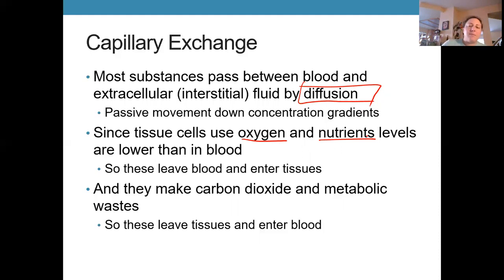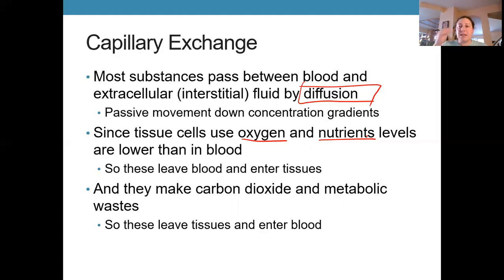And because they're always making carbon dioxide and metabolic waste products as they use the oxygen and nutrients, this favors the movement of carbon dioxide and waste products into the blood because they're at a higher concentration in the tissue. So then everybody's just passively moving down their gradients, and we're achieving the exchange that we want.